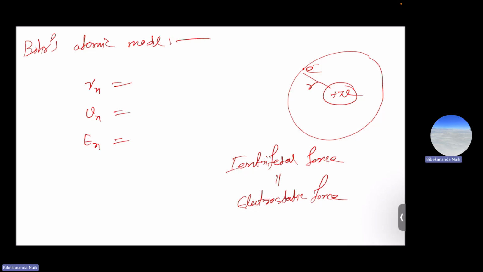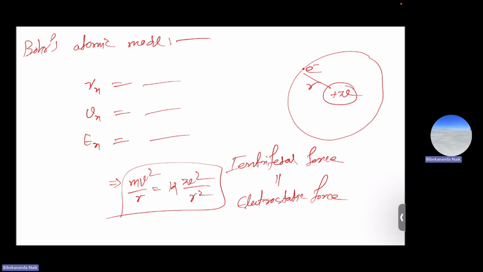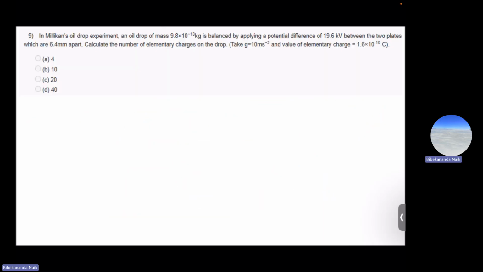The centripetal force, we all know, is given by mv square by r, and the electrostatic force is k Z e square by r square. By balancing these two forces, we can derive the expression for radius, velocity, and energy of the hydrogen atom. Before that, let's solve a few problems related to Millikan's oil drop experiment.